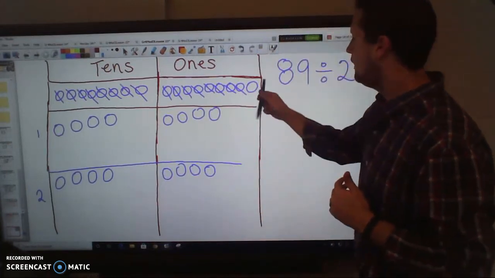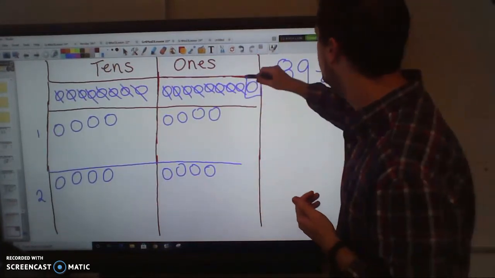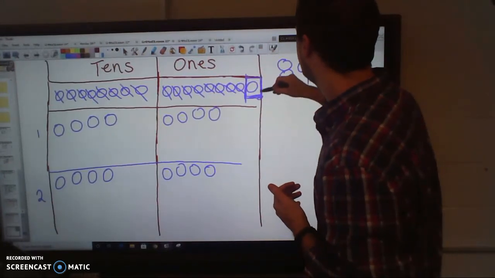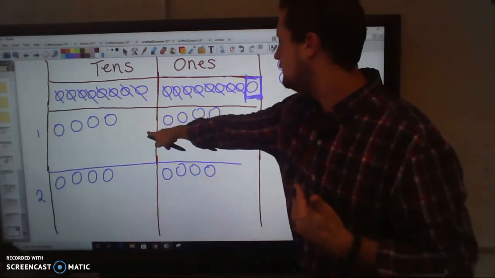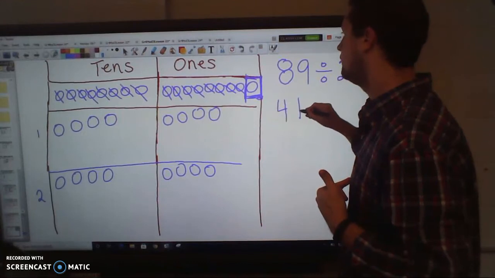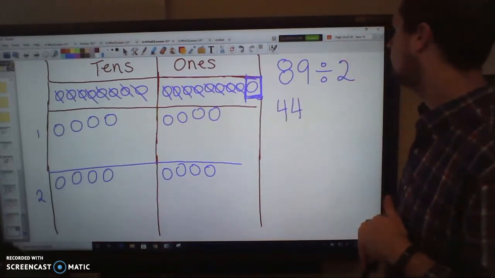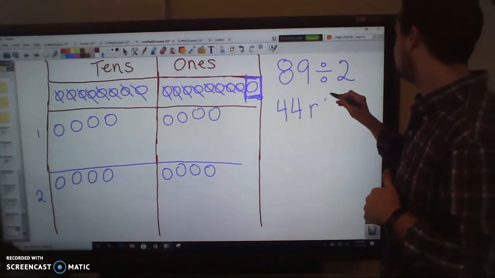Okay, so I have 1 left over, so that's going to be my remainder. So my answer is 4 tens and 4 ones, which would be 44. Remainder 1 left over.